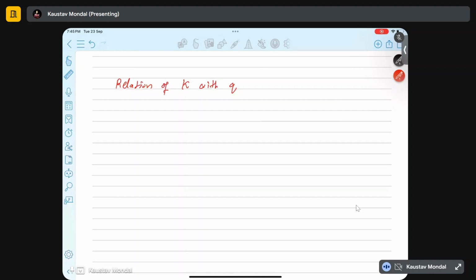For a reaction, let's suppose a reaction like this is happening, A plus B going to C plus D. Now in this kind of reaction, the equilibrium constant K is written as K equal to the concentration of C, the product concentration, to the power of the stoichiometric coefficients, times D, divided by A times B. So this is how the equilibrium constant is written.